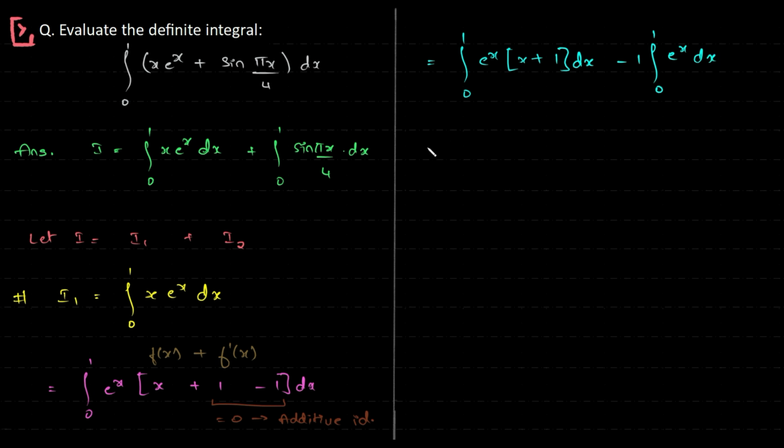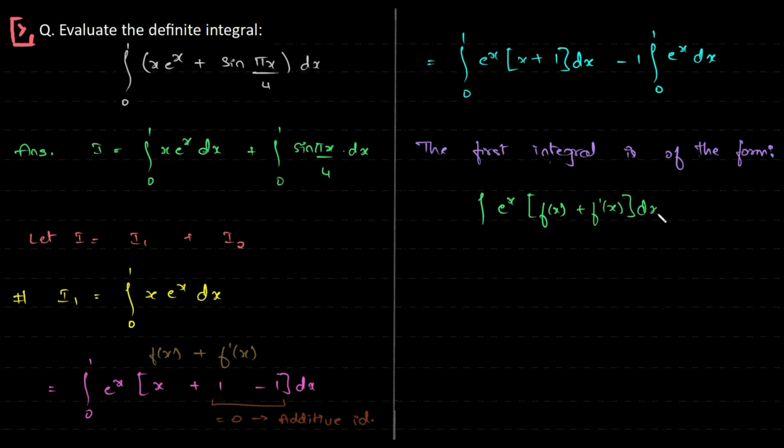This is clearly of the form, the first integral is of the form e to the power of x f of x plus f prime of x dx, which is equal to e to the power of x f of x.